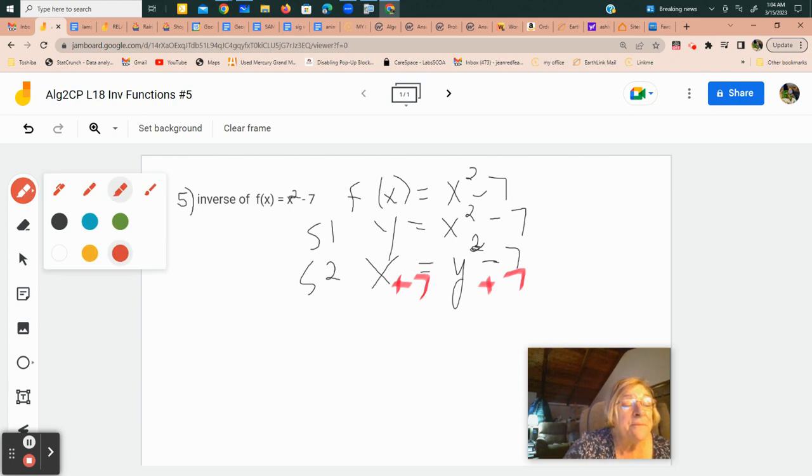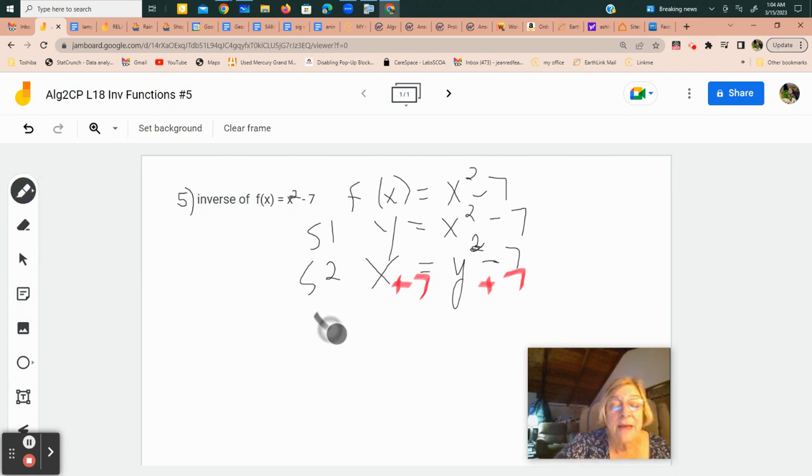So my next step is going to be x plus 7 equals y squared. And we learned earlier in the course that when we wanted to solve for a variable that has a square on it, and I want to get that square away, I have to take the square root of both sides. And I didn't see that anywhere in your problem.